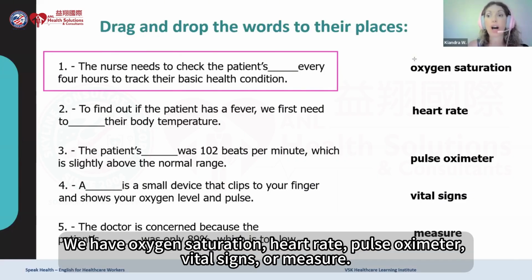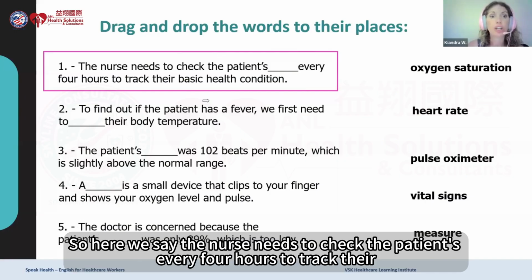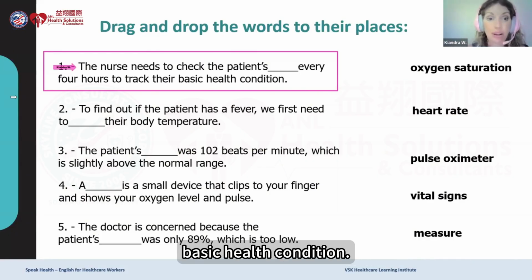We have oxygen saturation, heart rate, pulse oximeter, vital signs, or measure. So here we say the nurse needs to check the patient's blank every 4 hours to track their basic health condition.